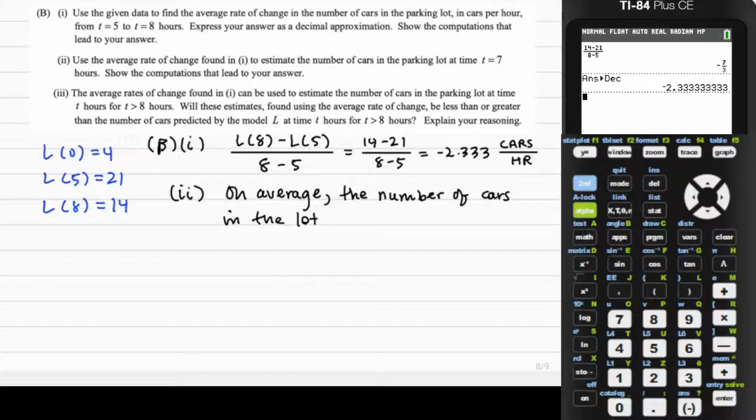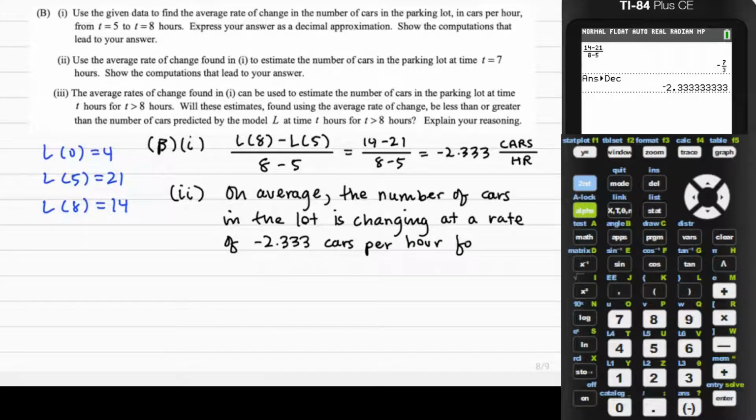What we can't say is decreasing by -2.333 cars per hour, because we're decreasing by a negative number. Like, don't get into that. I'm just going to say, is changing, and I think I'm going to adapt my response on this one. For future problems, I'm going to always go with is changing, at a rate of -2.333 cars per hour for t in the time interval, what was it, 5 to 8 hours.